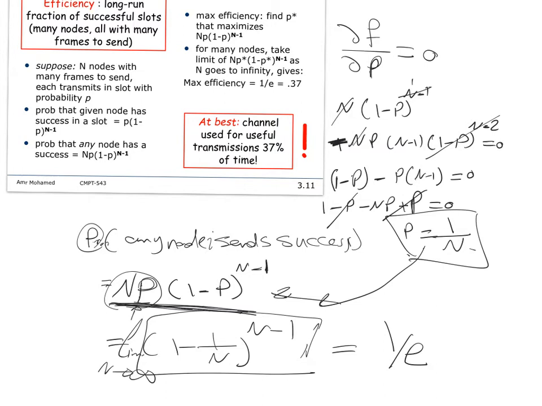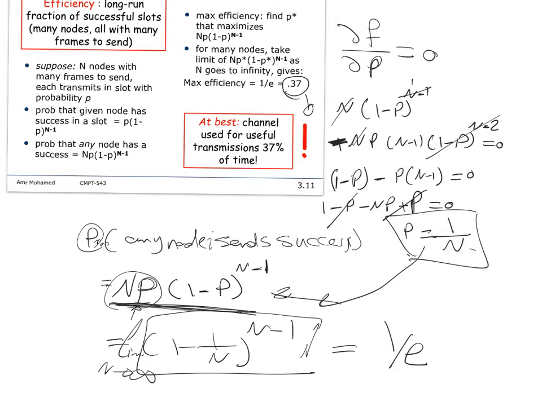Remember e is around 2.7, which means that the maximum efficiency I can reach is around 36 or 37%, which is 1 over e.